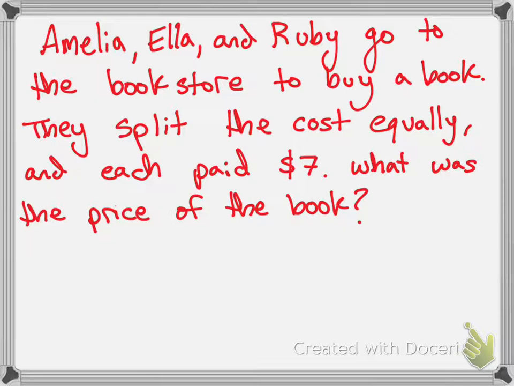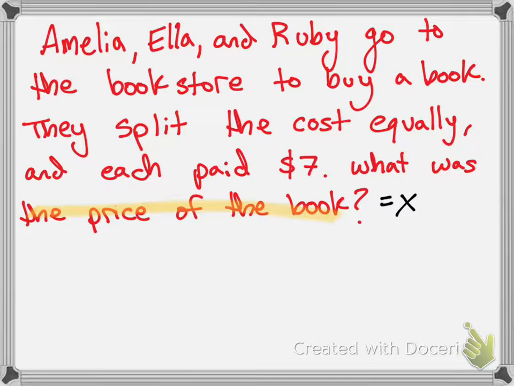We don't know the price of the book. Yeah, I don't know the price of the book. That's it. So the price of my book is going to be my x.